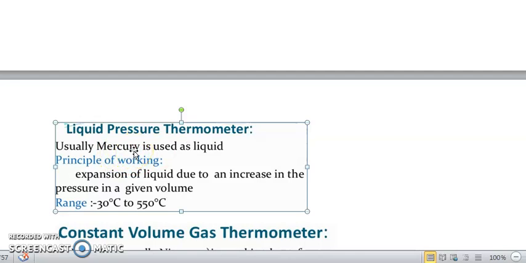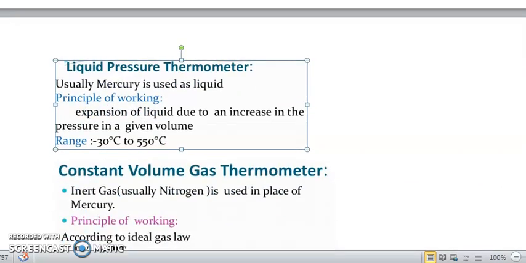The earliest one, the liquid in glass thermometer whose picture I have already shown you, is a liquid pressure thermometer, and its functioning is based on expansion of liquid due to an increase in pressure in a given volume. Here the range is given as 30 degrees Celsius to 550 degrees Celsius. For different dimensions of thermometer, the range may vary, and it may also vary according to the applications.